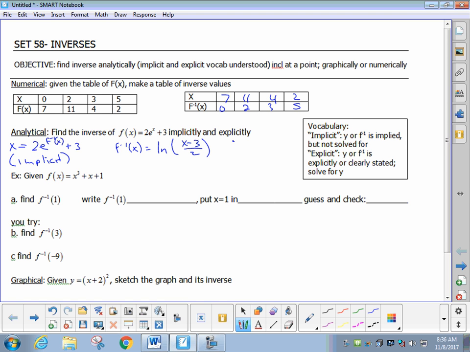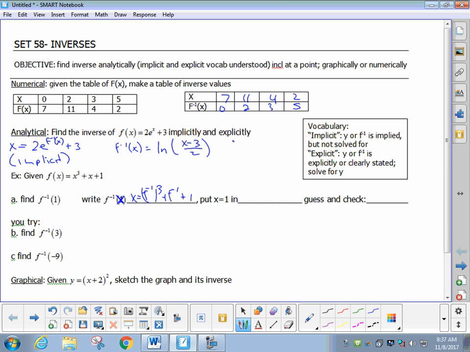F inverse at x would be x equals f inverse cubed plus f inverse plus 1. Wouldn't you say that when we do the inverse, we switch? So far, so good? More energy, people, more energy.